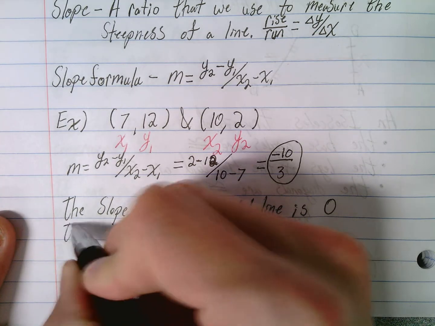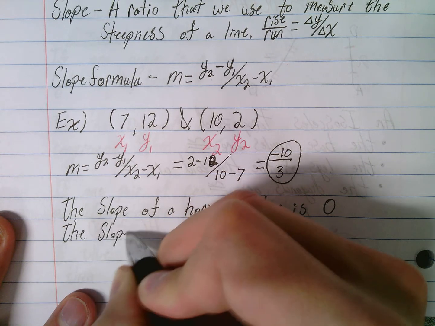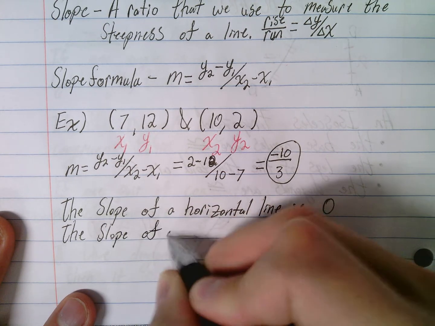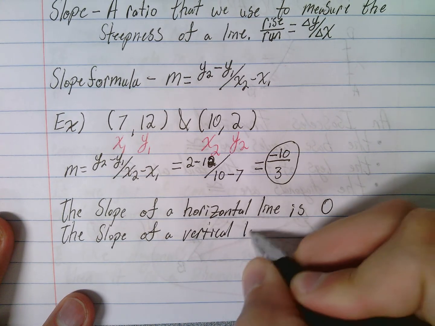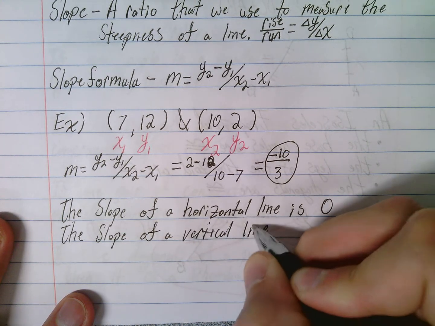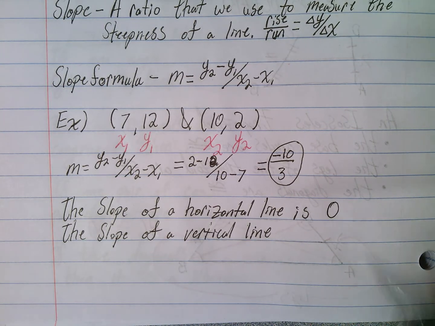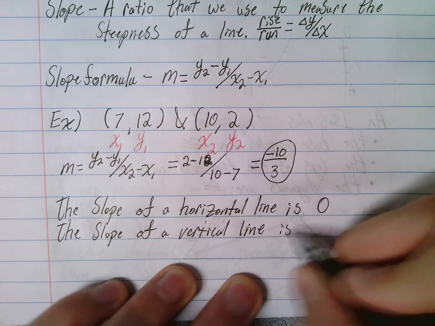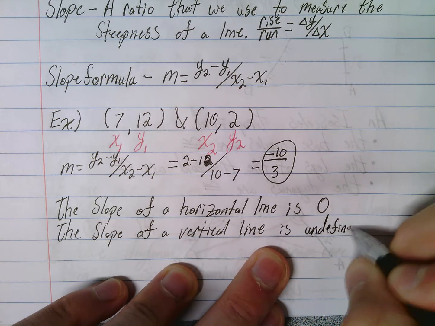What is the slope of a vertical line? What do we call that, Juliana? It is undefined. Does anybody know why we say it's undefined?